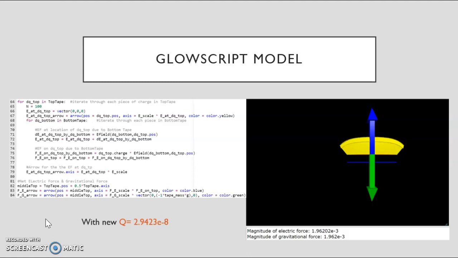And after trying out different Qs, I found one to be 2.9423 times 10 to the negative 8 coulombs, and that created a very accurate estimate for the magnitude of the electric force, as shown in the GlowScript model on the right. And so both magnitudes of the electric force and gravitational force were found to be around 1.962 times 10 to the negative 3 newtons. And as we know from Newton's third law, this is pretty accurate because these forces should be equal and opposite.